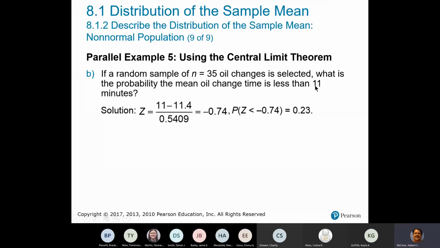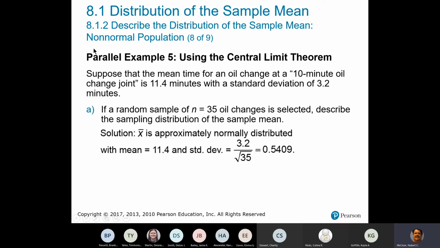You'd be on the left-hand side. But the standard deviation would not be what it was in the previous slide. The standard deviation would not be 3.2. The standard deviation would be 0.5409 with your newer calculator, because that is the new standard deviation.